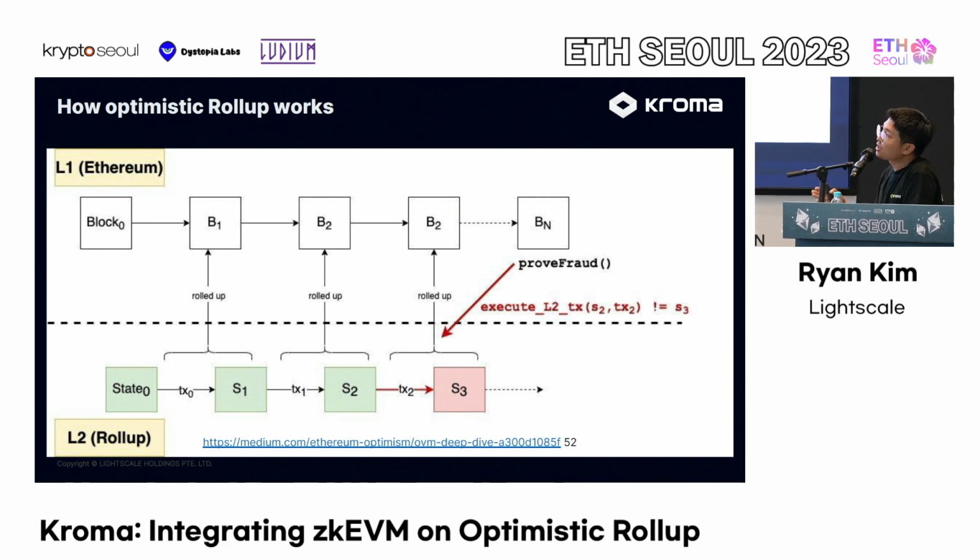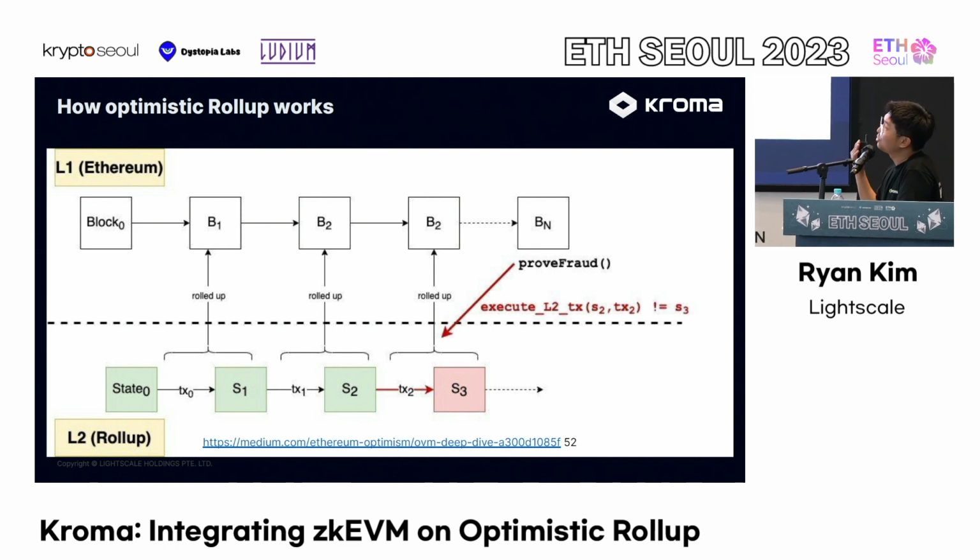Here, the state commitment plays a very crucial role in withdrawing funds from layer 2, because if an incorrect state root is submitted to layer 1 and nobody challenges it, the whole funds deposited on L2 could be lost. So someone has to challenge the incorrect state root.